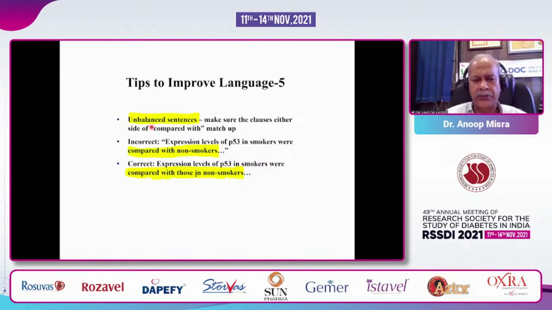And similar to unbalanced sentences: "Expression level of P53 in smokers were compared with non-smokers." No, incorrect. "Expression level of P53 in smokers were compared with those in non-smokers." So, those in non-smokers, because the expression level was compared, not non-smokers.